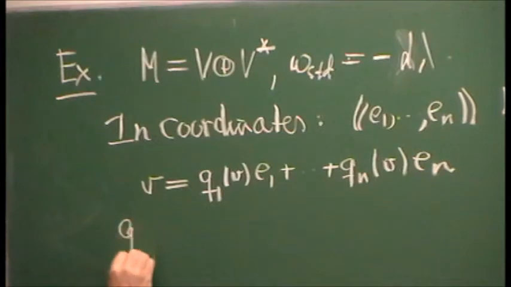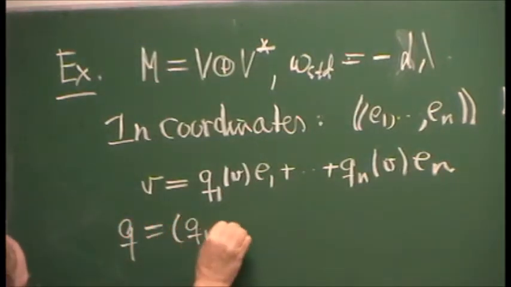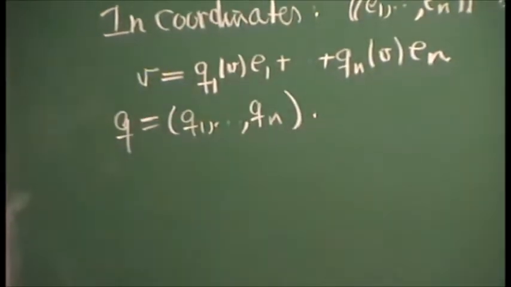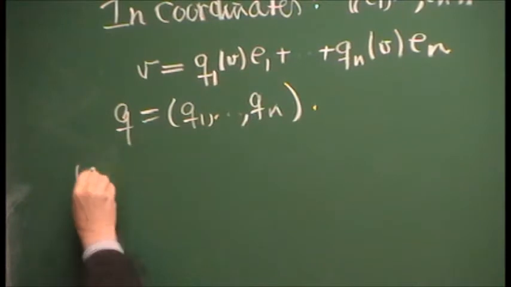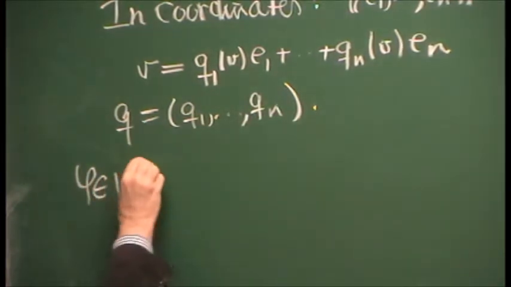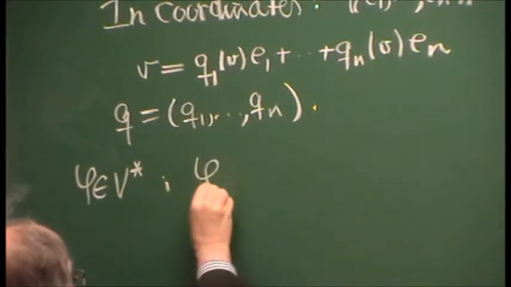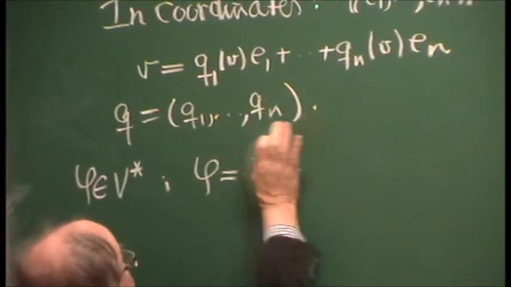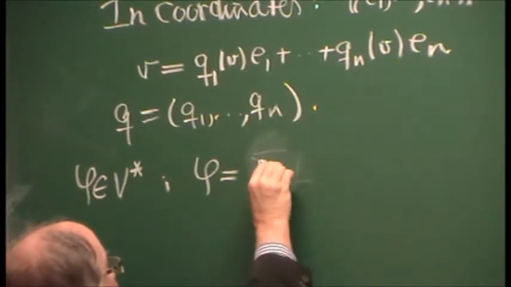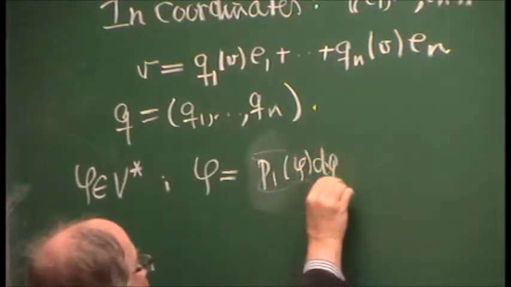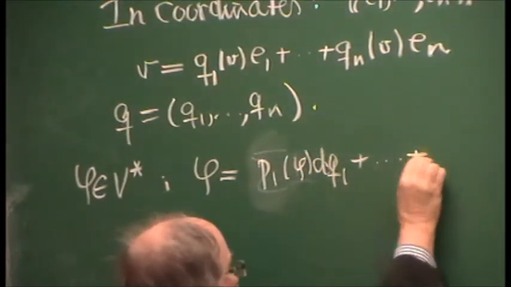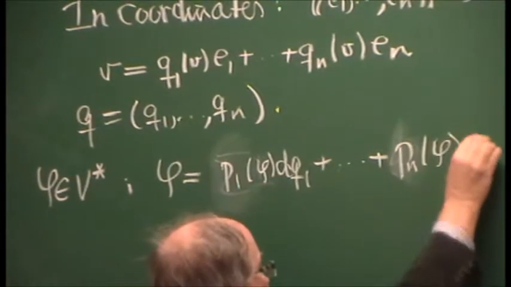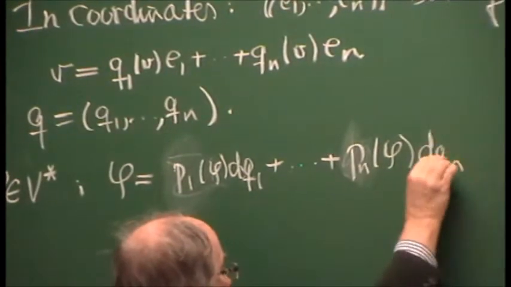So we quite often just write Q is the coordinate of V. And then there's this funny thing that a covector in V star we write as P1 of P, dQ1, that's a one form, up to Pn of P, with the coordinates of P here, dQn.